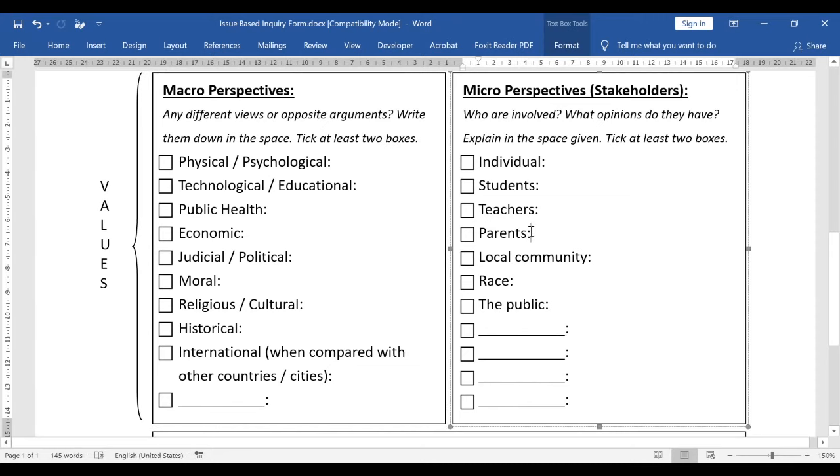Or parents, what can parents do if their children are found to take drugs, or they are suspecting their children of taking drugs? What should parents do?